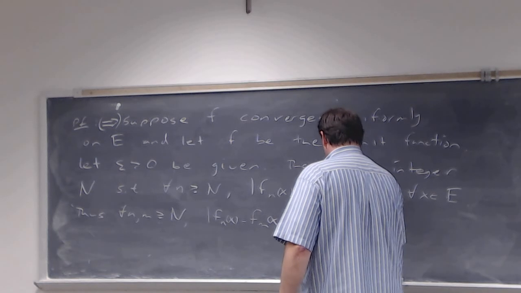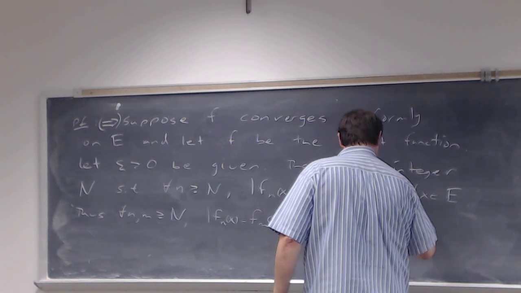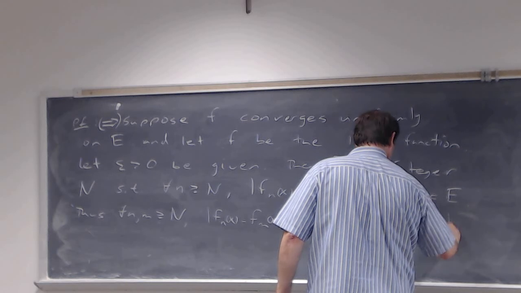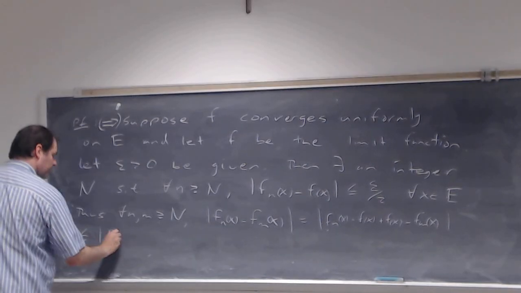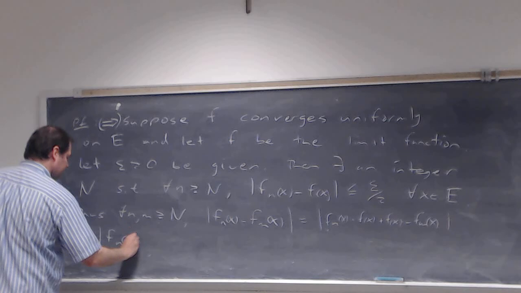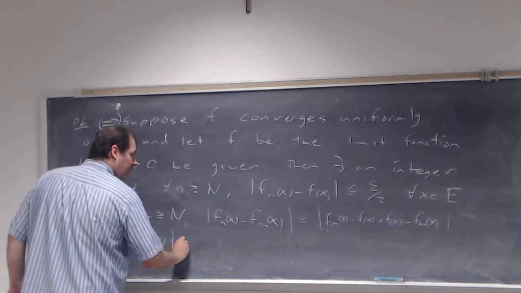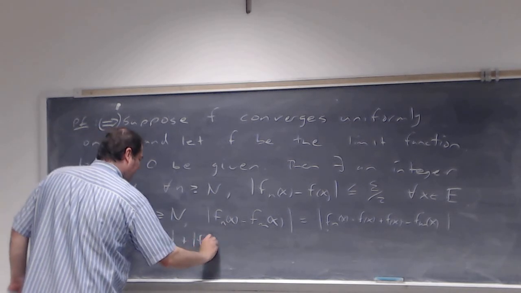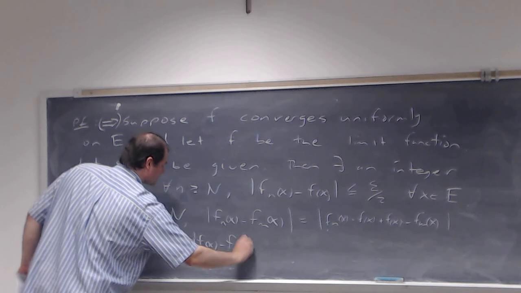So it's f sub n of x minus f of x plus f of x minus f sub m of x, which by the triangle inequality is less than or equal to the norm of f sub n of x minus f of x plus the norm of f of x minus f sub m of x.